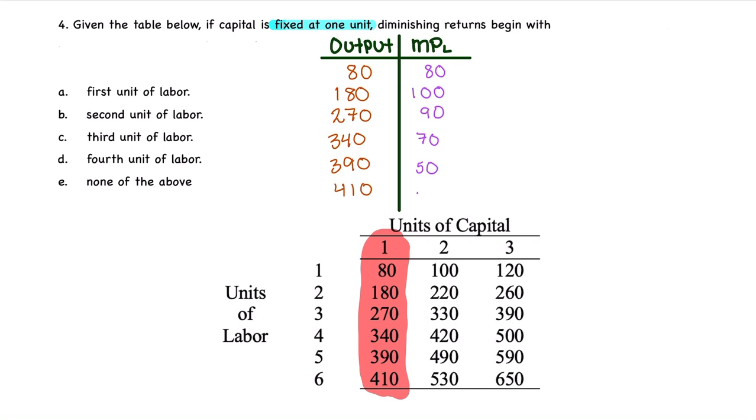From 390 to 410, it's 20. So from here to here, it increased. But from here to here, it decreased. Meaning that our diminishing returns set in with our third unit of labor.